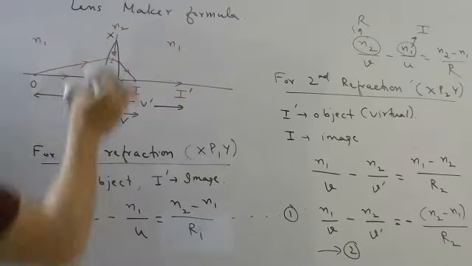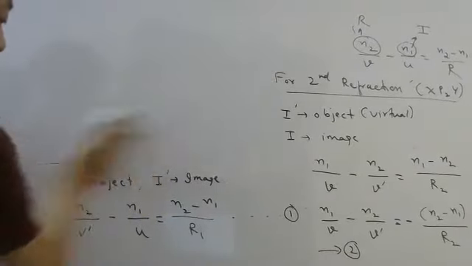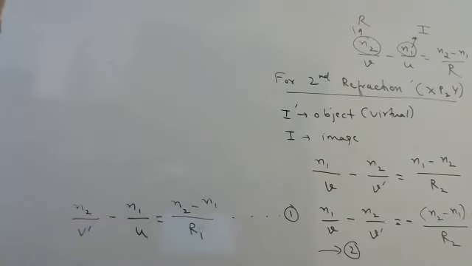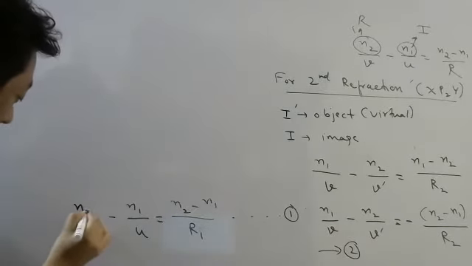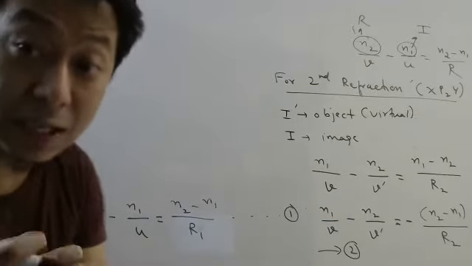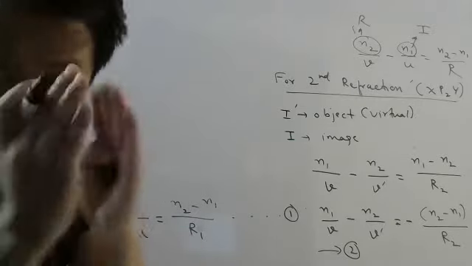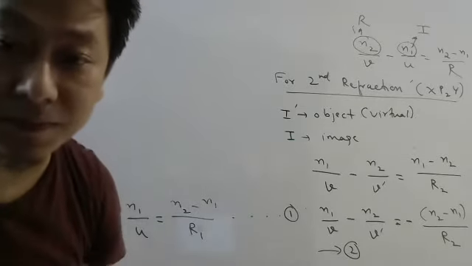Now I don't need the diagram. So now how to simplify this? Very simple. V dash is not important for us because the final image is I, not I dash.